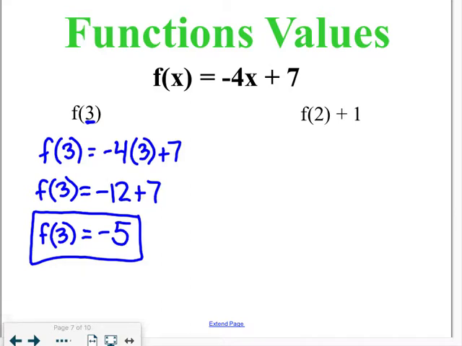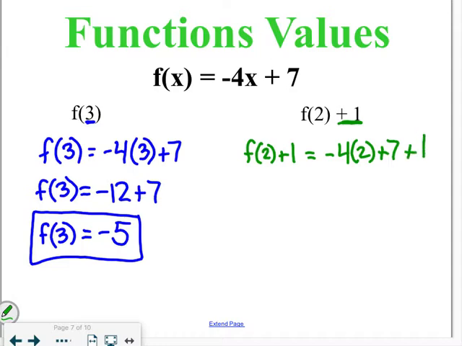Looking at the second one, it's slightly different. We have this plus 1 on the outside of the parentheses. So what's going to happen is we're going to say f of 2 plus 1, you always copy down exactly what they give you, is going to equal, we're going to plug in 2 wherever we see x. So negative 4 times 2 plus 7. That's f of 2. But we also need to add plus 1 on the end.